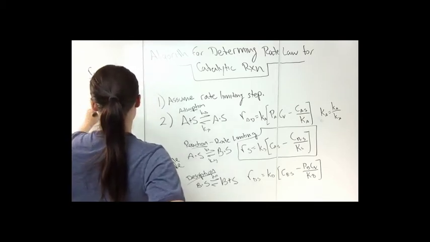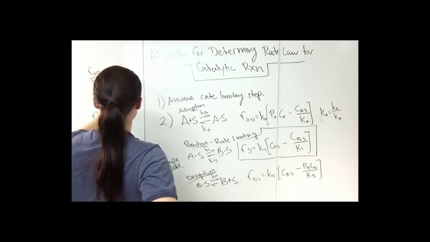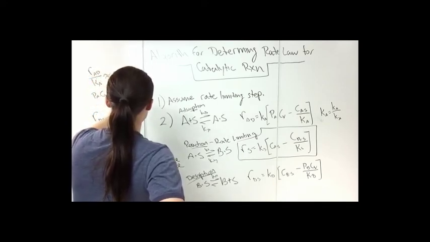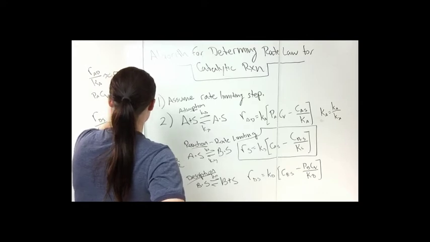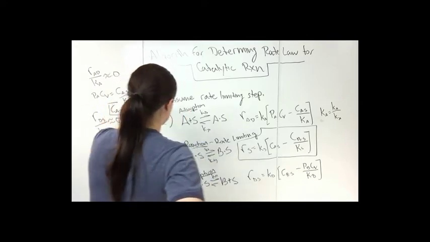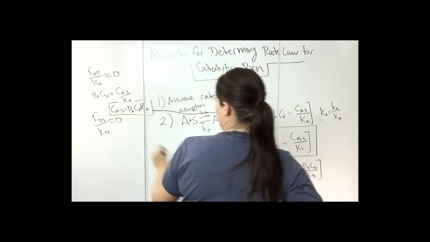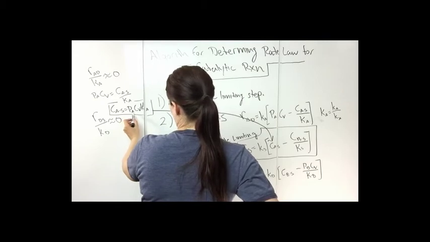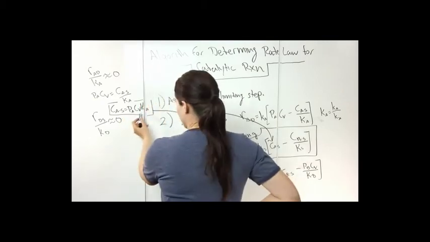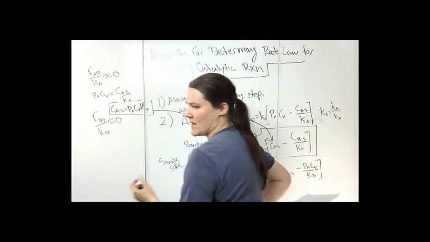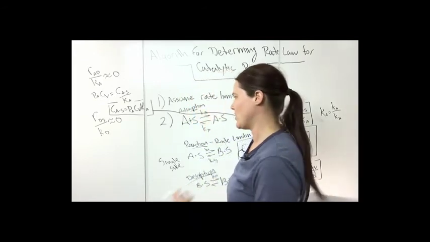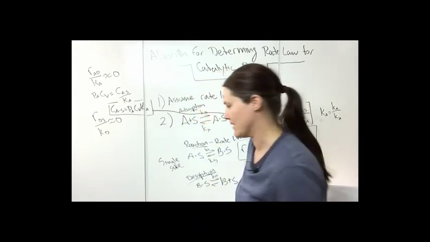So then CAS is equal to PA CV over KA. So then we can plug this into here, and then we have this in terms of the partial pressure of A. And we still have CV in here, and we can't measure CV, but I'm going to show you what you can put in for that in a minute.